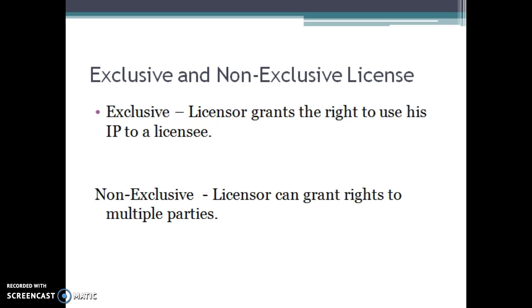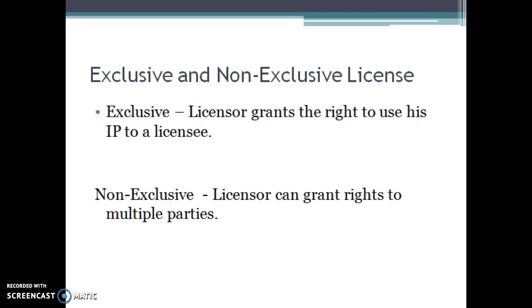But if I want to have a non-exclusive license, then that basically means that I'm allowed, as the owner, to license my intellectual property to multiple people. I can license it to multiple parties, multiple different companies, whoever it may be. I can license my intellectual property to whomever I want to.